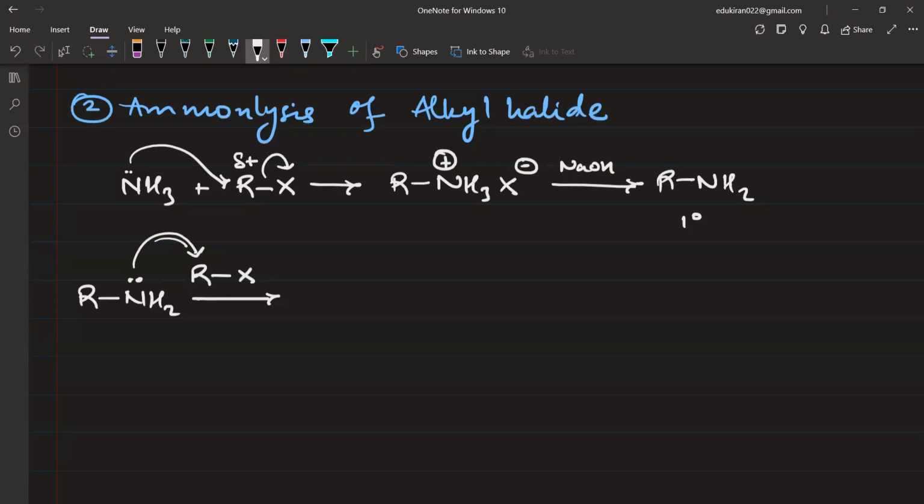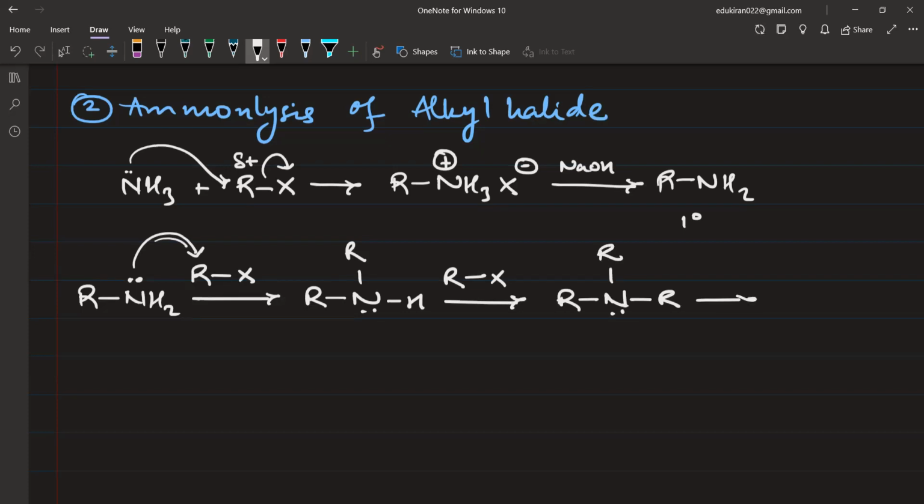And what we are going to get? We are going to get 2 R groups attached on the nitrogen atom. And you will have 1 hydrogen. But still this lone pair of electrons is there. So this can again react with the haloalkane and it can get 3 alkyl groups on the nitrogen. But it still has a lone pair of electrons. So it will again react to get a quaternary ammonium salt.